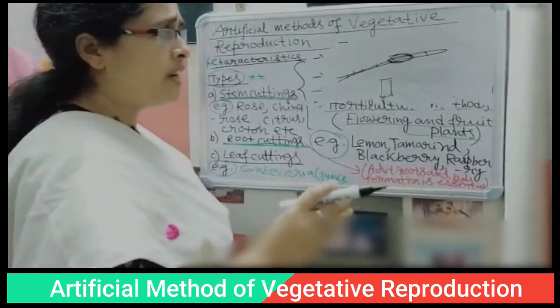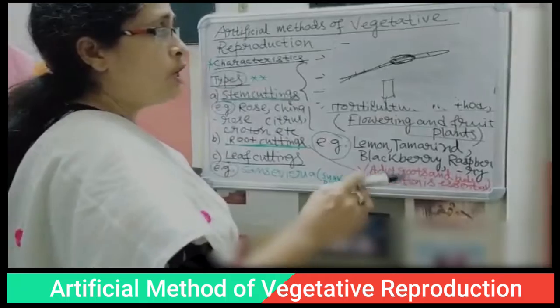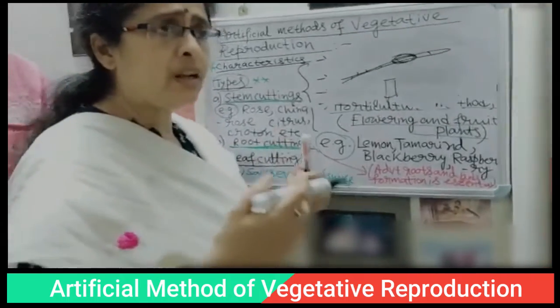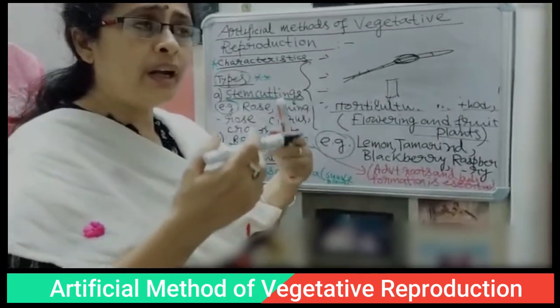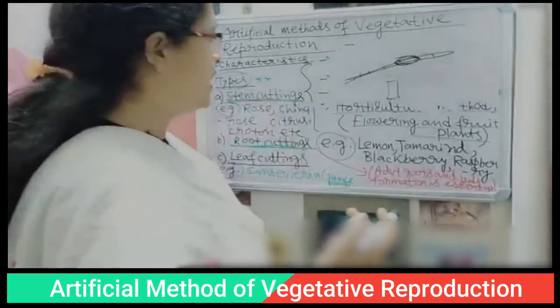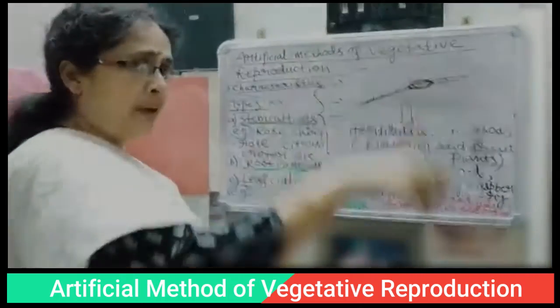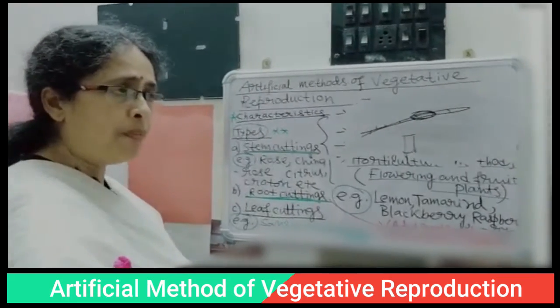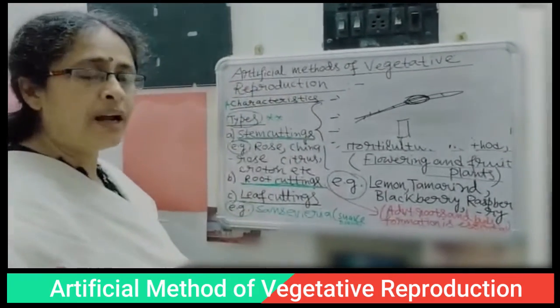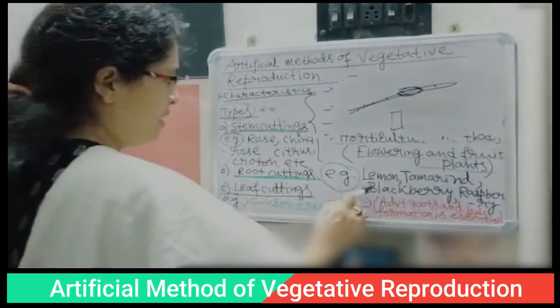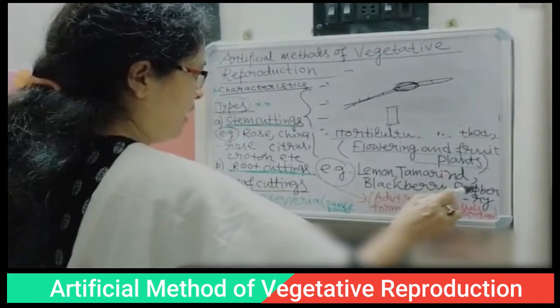These are different types of auxin hormones for the quick growth of adventitious roots. And now this cutting part is placed in another pot, and the new plant will arise. Examples are lemon, tamarind, blackberry, raspberry.